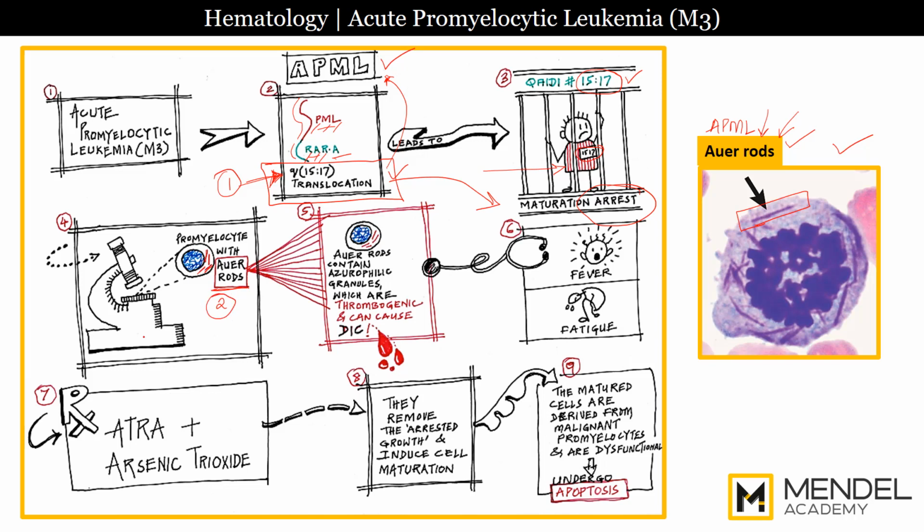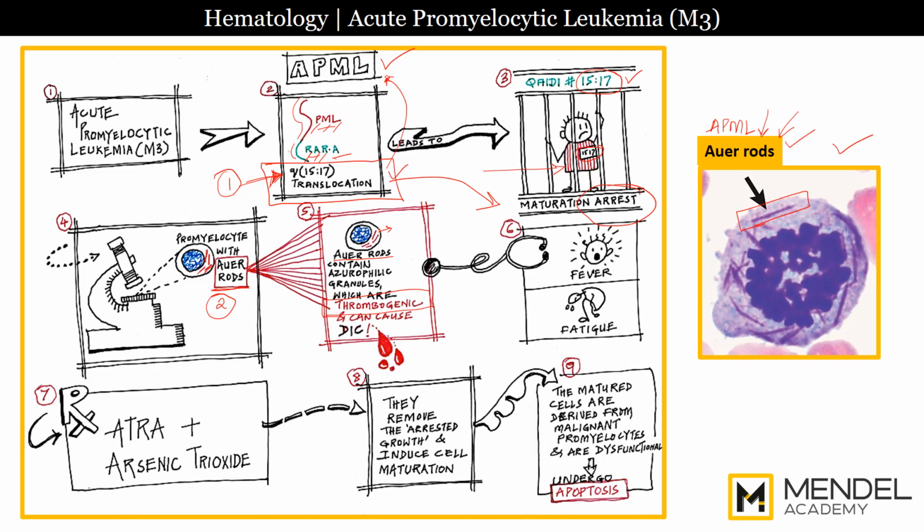Now, the interesting part about OR rods is that they are thrombogenic. Now, thrombogenic means they can induce the formation of a thrombus. Now, when does this occur? This happens usually after treating a patient with APML, because treatment will lead to bursting of the cells and release of the OR rods.